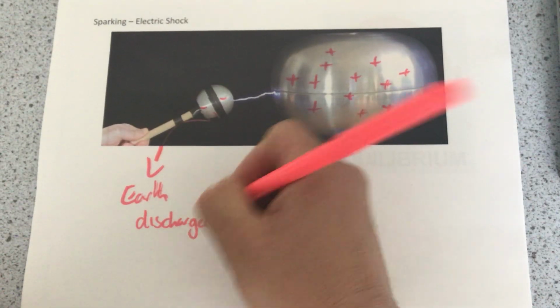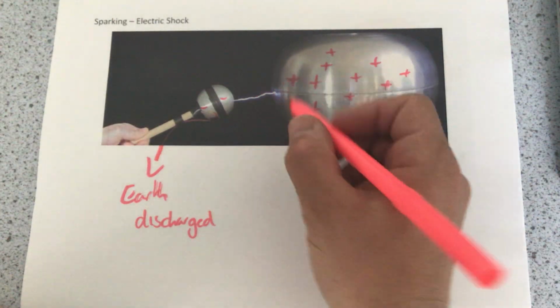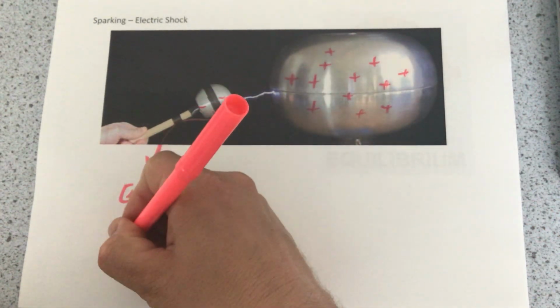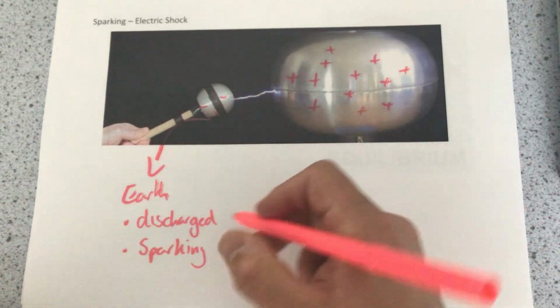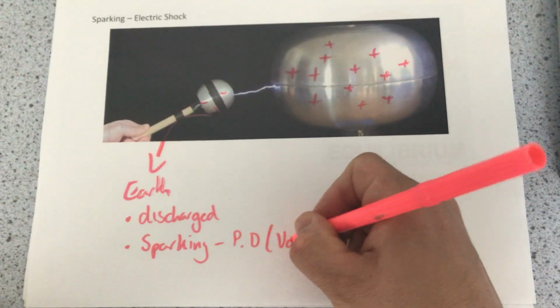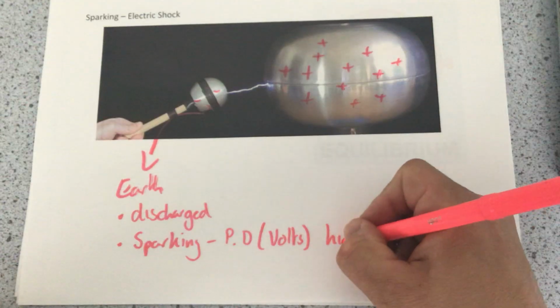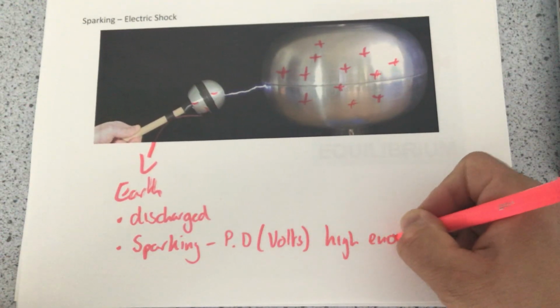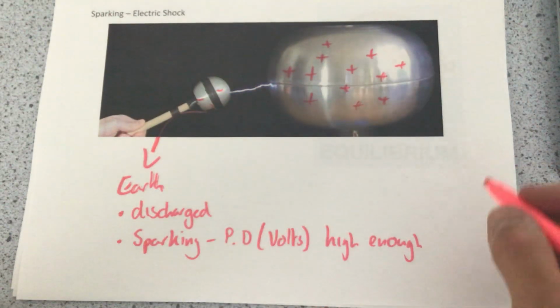Okay, right, when it becomes discharged, what happens is sparking. So sparking happens when the potential difference, which you should know is measured in volts, is great enough to effectively turn the air between these two objects into a conductor.